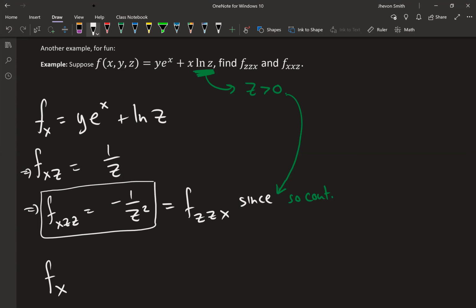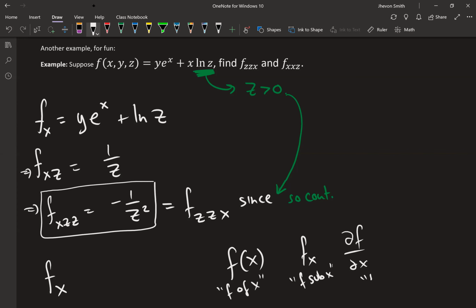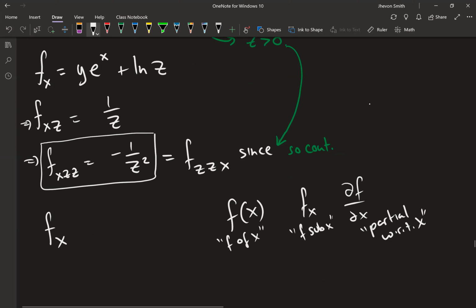When you say f of x, it means this. You want to say f sub x or partial with respect to x. So we'd refer to this as f sub x, and we'd refer to this as partial with respect to x. That's just the everyday language we'd use. Okay, gotcha. My bad.